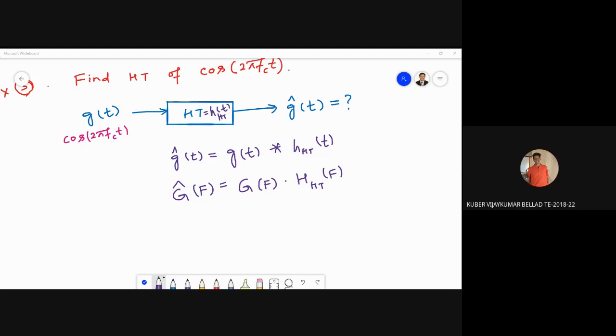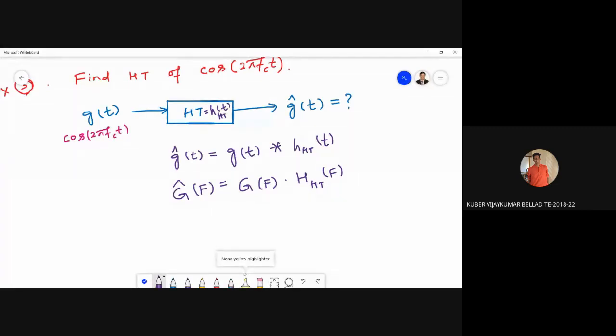So, is it 1 by 2 del of f minus fc plus del of f plus fc? Why are you telling it in doubt? You should tell with confidence.